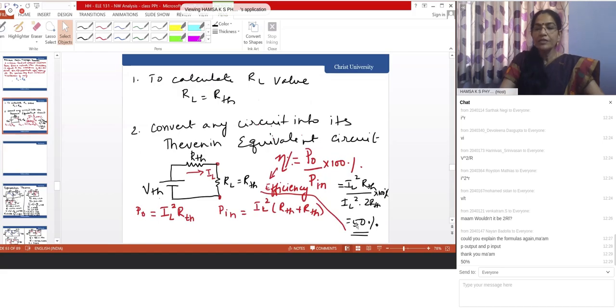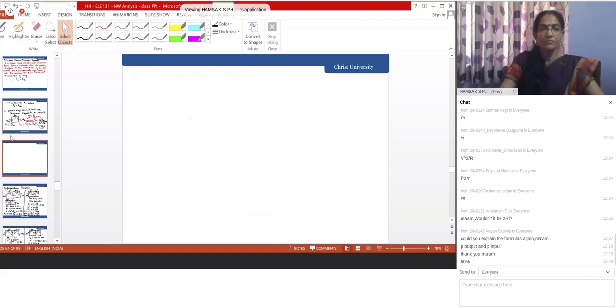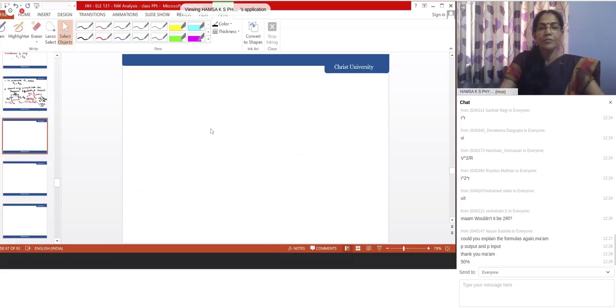So the maximum efficiency we can get is only 50%, right? So can we calculate the maximum power? What is the equation for the maximum power? What will P max be equal to for the circuit?